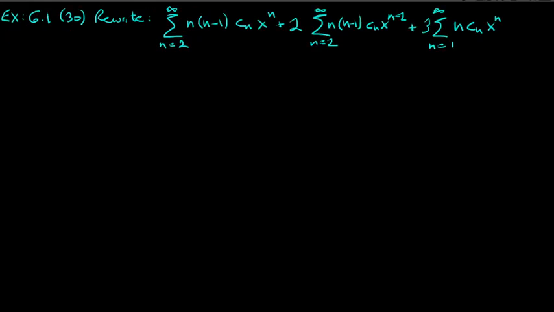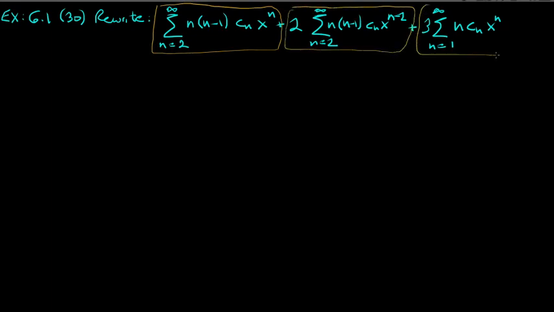Okay. So this is also in the book. This is number 30. We're going to rewrite this power series as a single series. So notice there's 3 of them here. There's this one. The second one is this. And the third term is this.